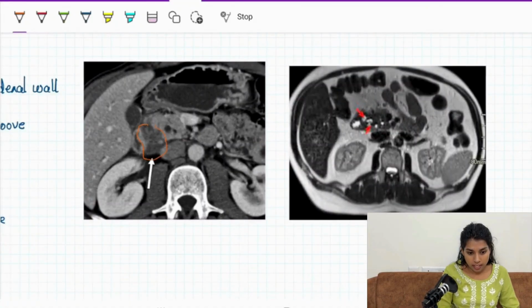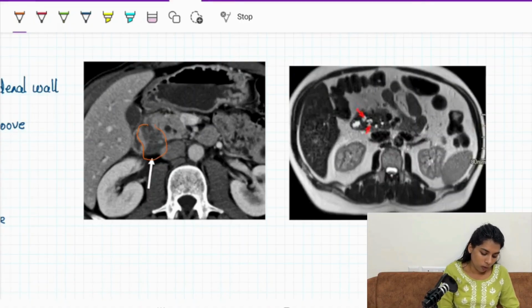Sorry, not in the groove, you will see it in the medial wall of the duodenum, which will lead to fibrosis in the pancreaticoduodenal groove. Because of this fibrosis, on CT, you will see an ill-defined area of hypodensity in the pancreaticoduodenal groove, as we can see in this case scenario. Because it is a fibrotic tissue, you will see a delayed, gradually progressive enhancement on post-contrast images.